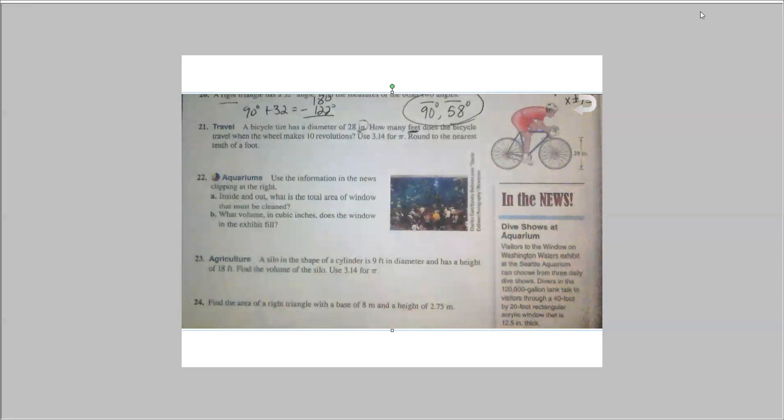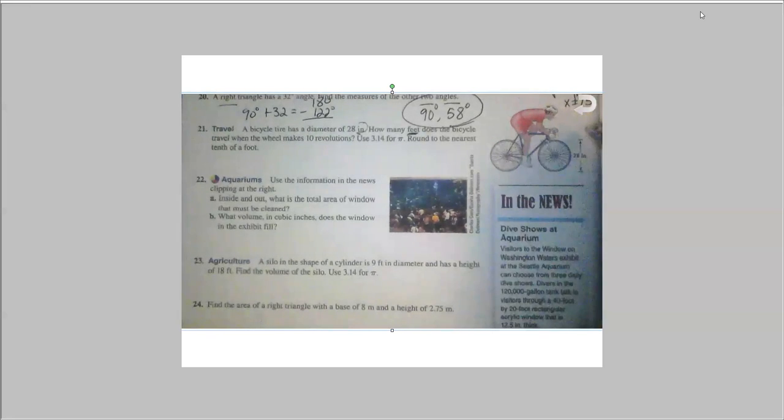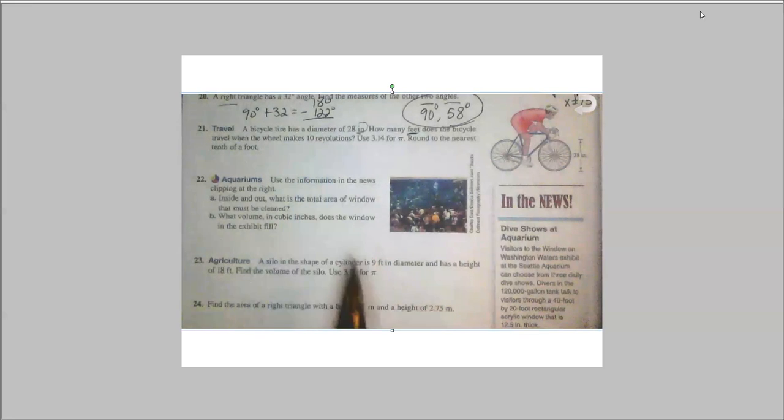I'm going to work this out with the information given to me, and then we can use a unit multiplier to convert this in just a second. So the diameter is 28 inches. If I could find the circumference of that tire and then multiply it by 10, I would see how many inches that wheel travels.